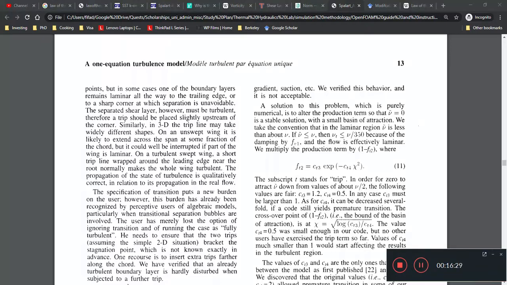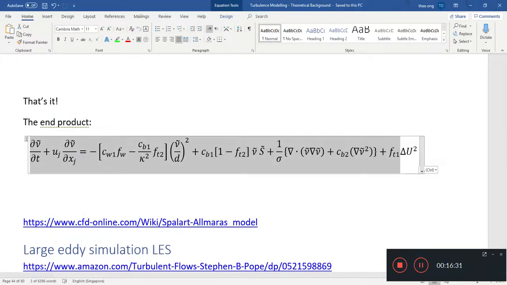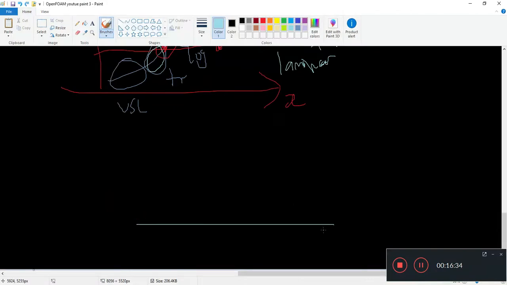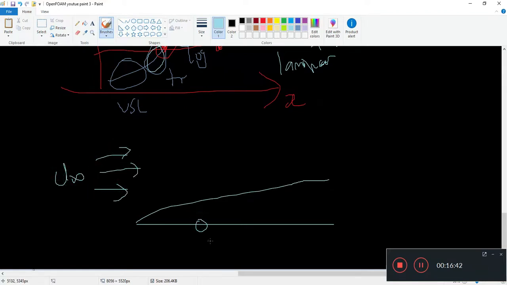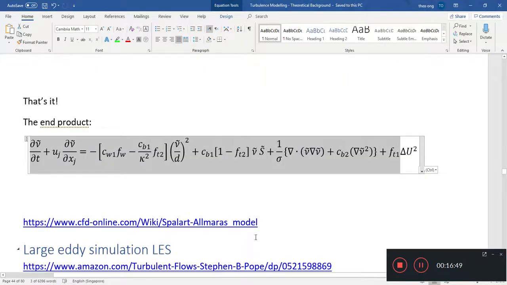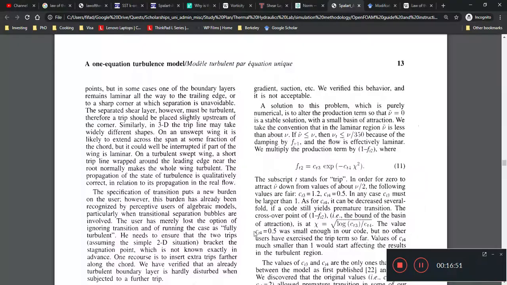So you can just set, I mean, if you are actually doing an actual simulation of a boundary layer flow where you have some u infinity here, all you have to do is to set nu tilde equals to 0 at the wall here. I think more or less you are pretty much okay.